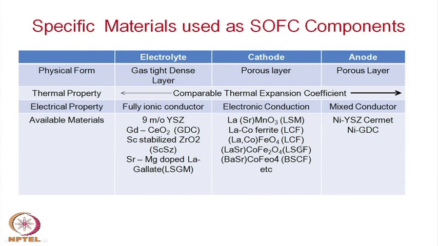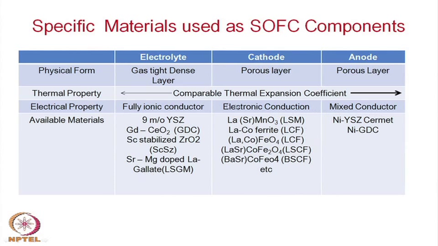There should not be any oxygen ion conductivity here, but it will be sufficiently conducting at the temperature of operation. The anode must be a mixed conductor, that means partly electronic, partly ionic. That is another requirement for the anode, and in addition, of course, a thermal expansion coefficient match with the electrolyte as well as the cathode.